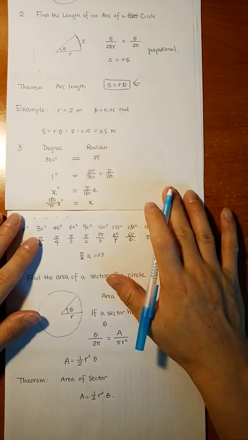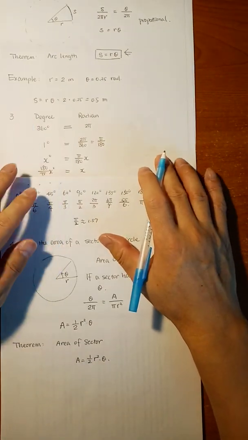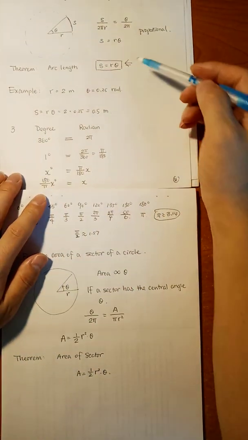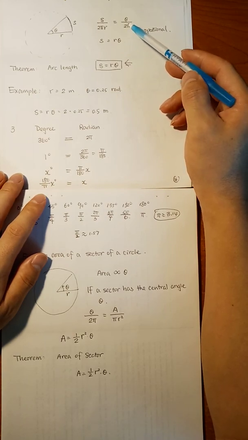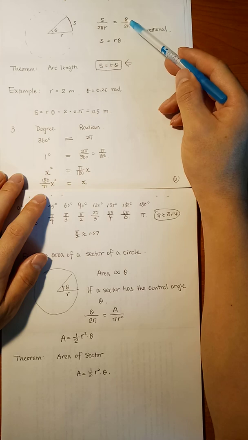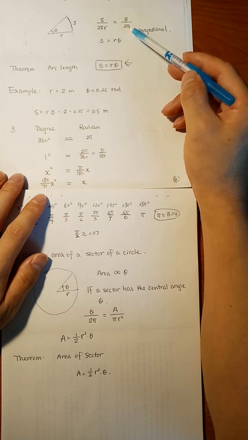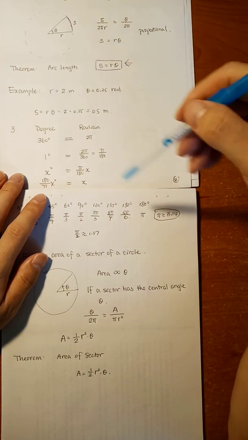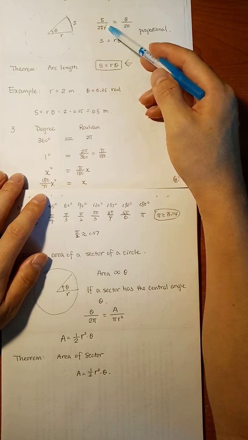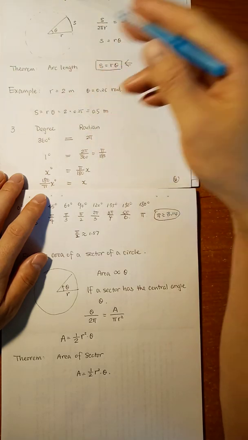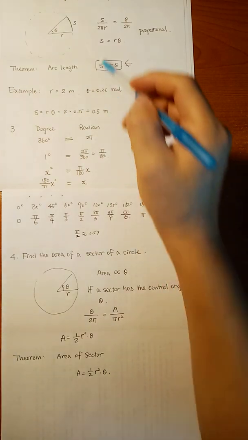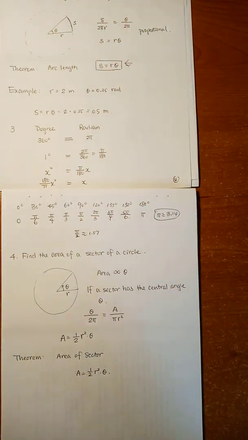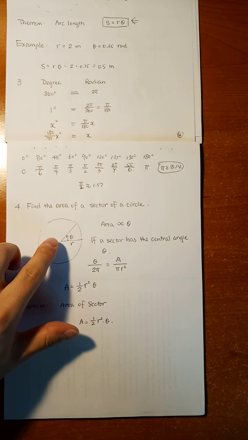So you see here, technically we have a similar comparison. In the arc length formula, we try to compare the central angle over the central angle of the revolution with the arc length over the arc length of the whole revolution. It is proportional to the central angle. Here we do the similar thing.